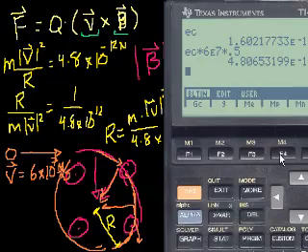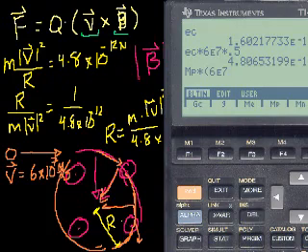So mass of a proton, that's what we care about, times the magnitude of the velocity squared. What was the velocity? It was 6 times 10 to the 7th meters per second. So times 6 times 10 to the 7th meters per second squared, right? Because I have to take them.